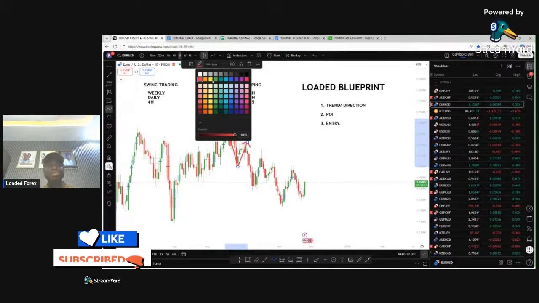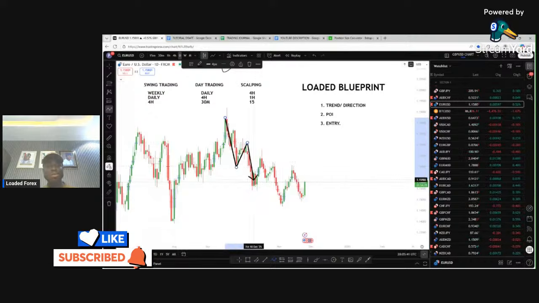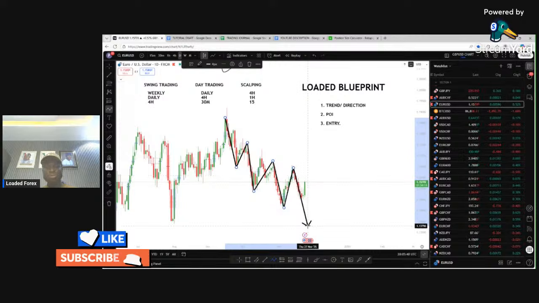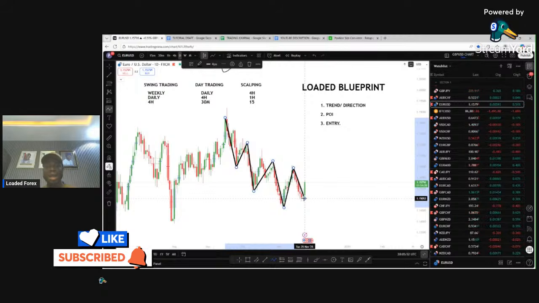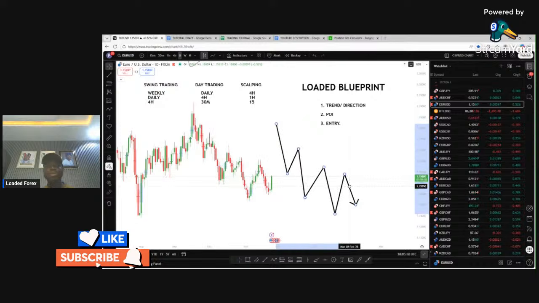So we are in a strong bearish market on Euro USD. Lower low, lower high, lower low, lower high, lower low, lower high. And price is about to create a new lower low, right? But price failed, forms probably a new low. But the overall direction of this market is still a downtrend.